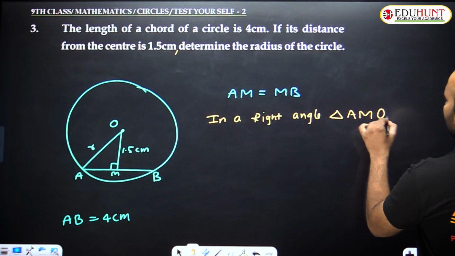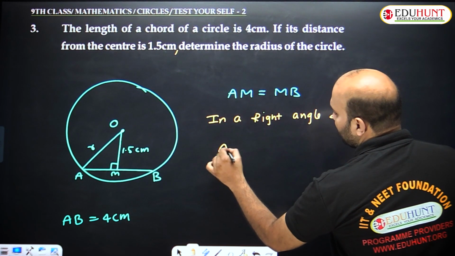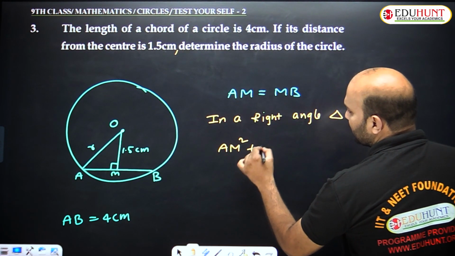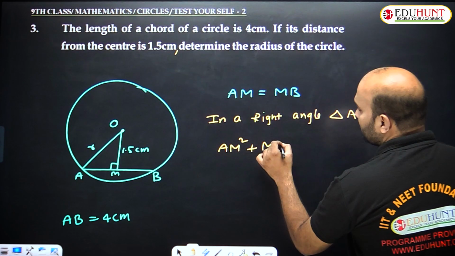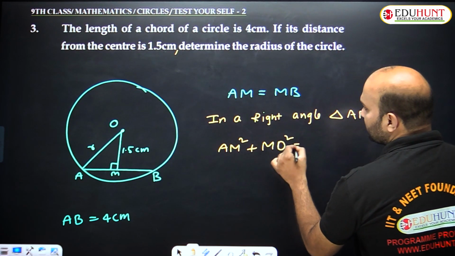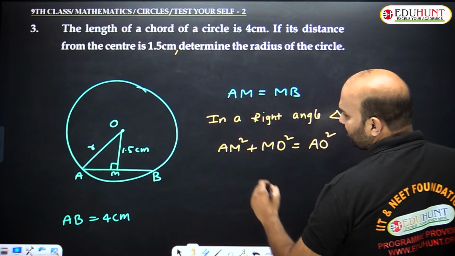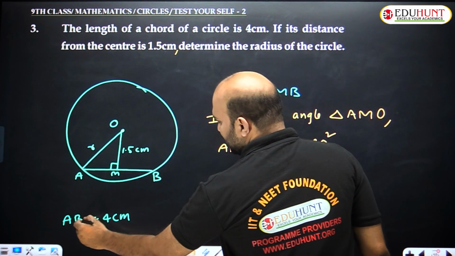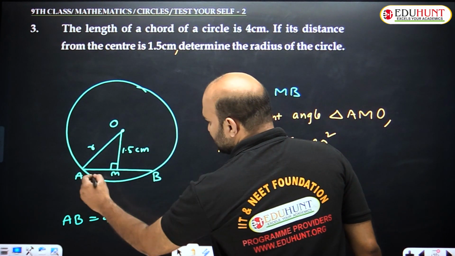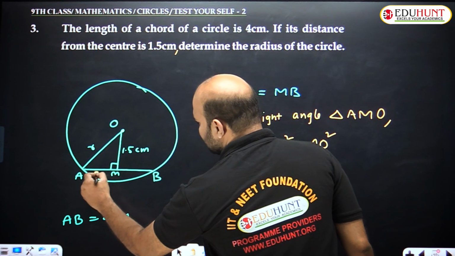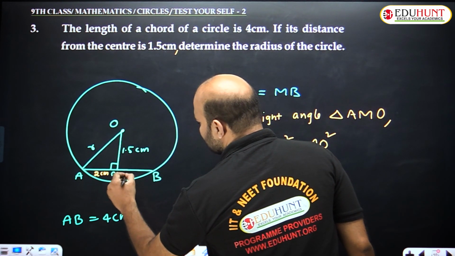So in the right angle triangle AMO, according to Pythagoras law, side square plus side square, that is AM square plus MO square, equals AO square. Here AO is the radius. AB is 4 centimeters, so AM is 2 centimeters as well as MB also 2 centimeters.